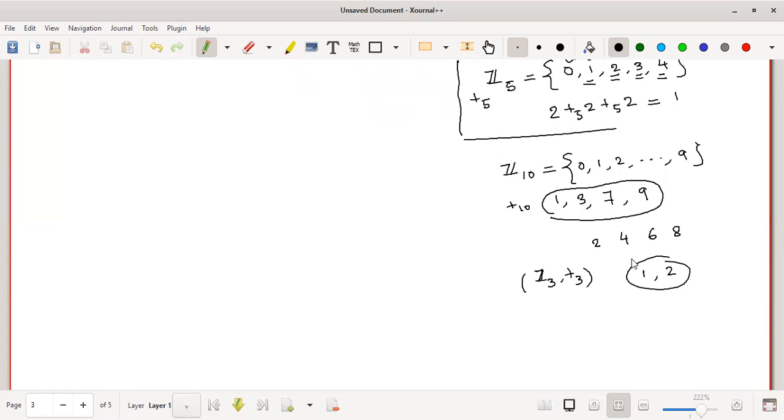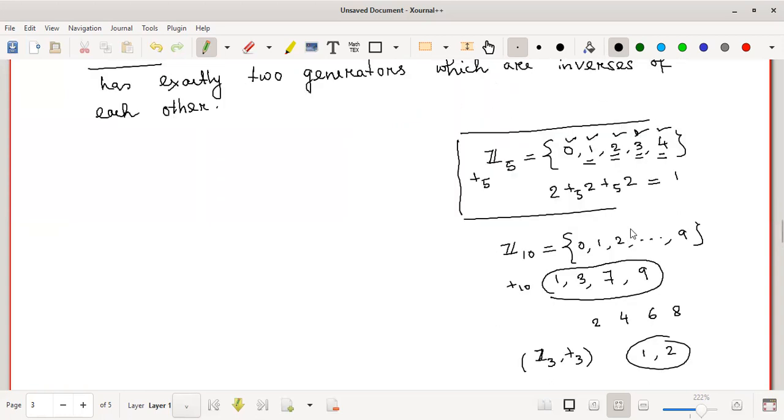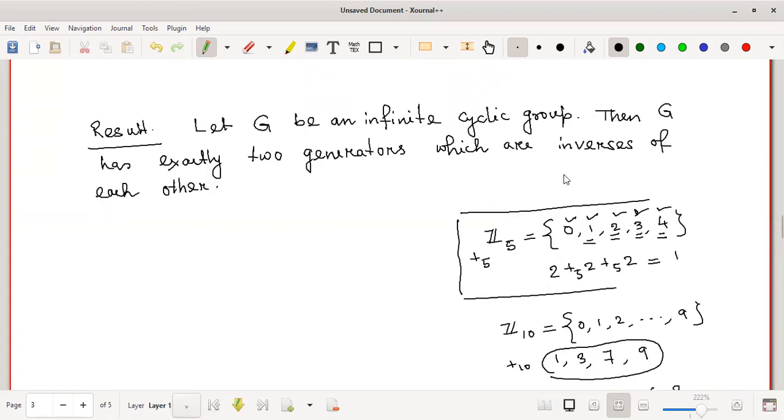Given any infinite cyclic group, it will have exactly 2 generators and they are inverses of each other. And in fact, you will see maybe in the next lecture that there is only one infinite cyclic group up to isomorphism. That is Z under addition. Okay, fine. So without much ado, let me prove it.